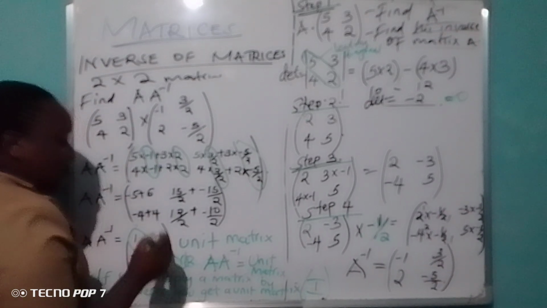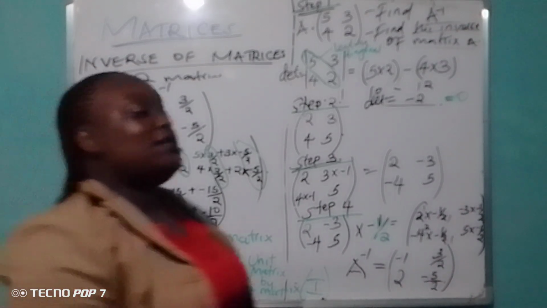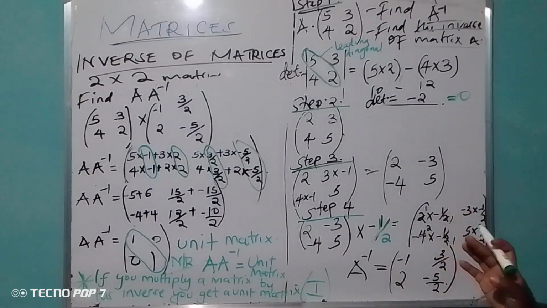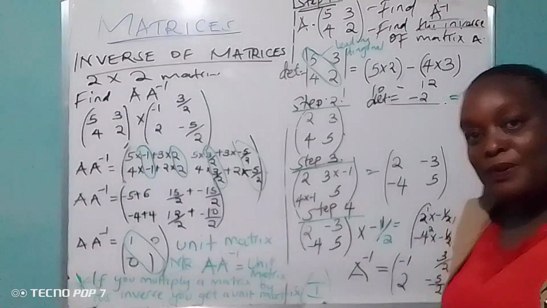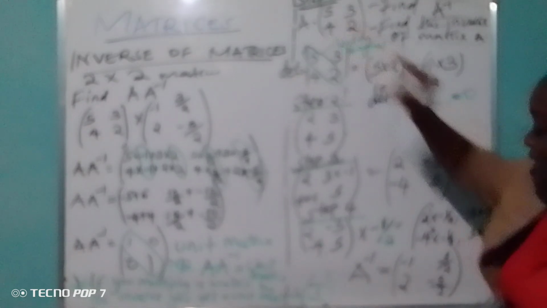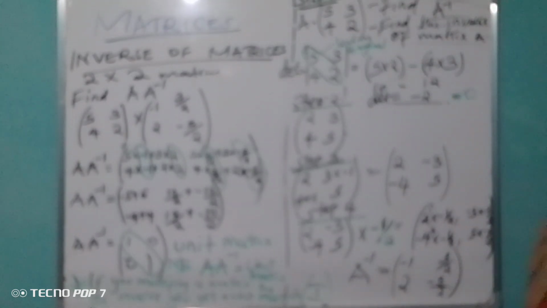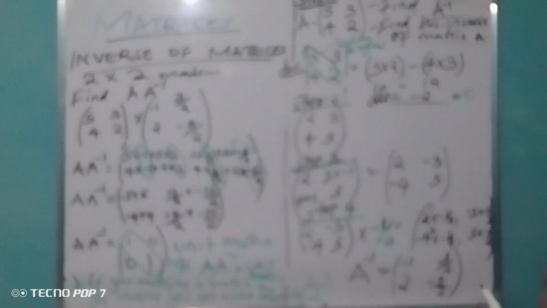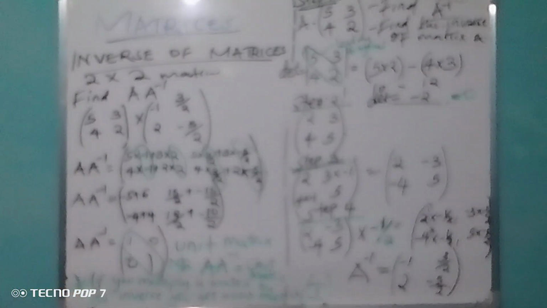So the elements in the leading diagonal are 1 and the other elements are 0. So when you multiply a matrix times its inverse, it will give you a unit matrix I. So that's just about the inverse of a 2 by 2 matrix.